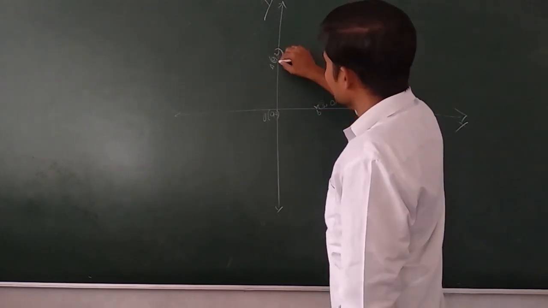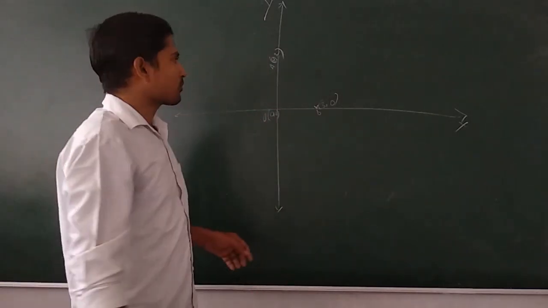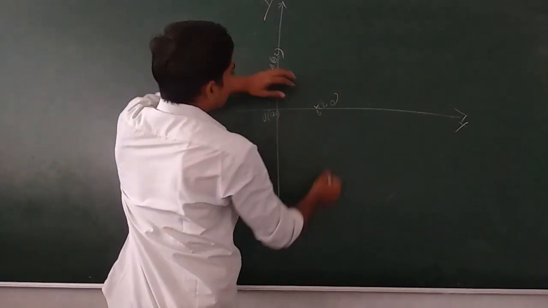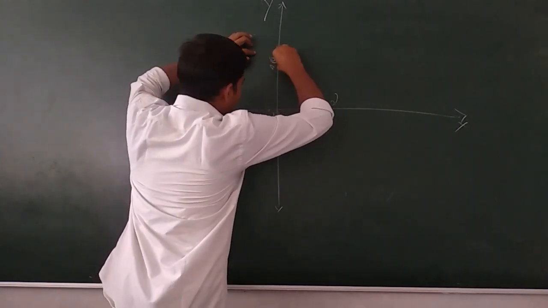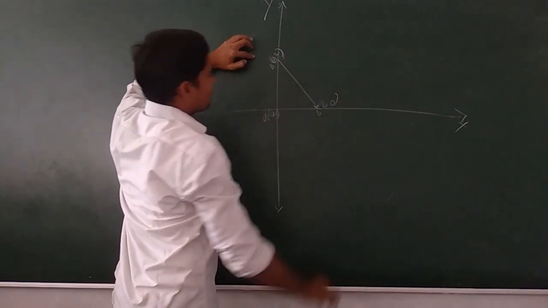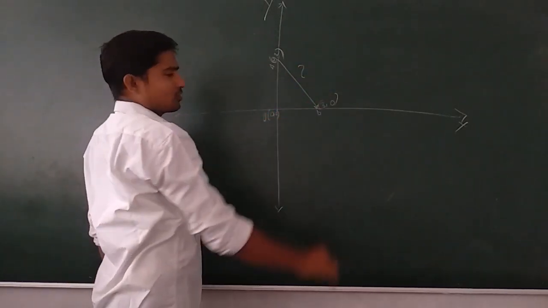Then the distance between these two points. Understand clearly? B is equal to 3, 0 and A is equal to 0, 2. Then the distance between these two points, that is the question.